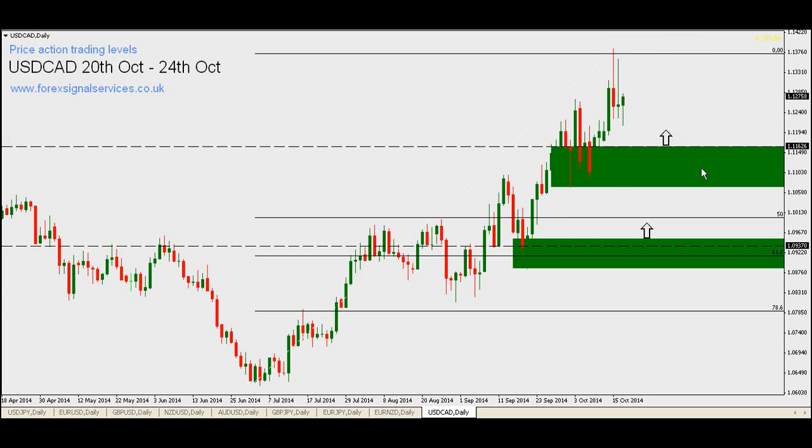That's at 1.1162. On a fast break under here, if we get back down to this level here, about the 1.095 level, then look to trade that long out of there as well. But this is a wait and see one on USDCAD. So on this one, 1.11626 for long positions, or 1.095.